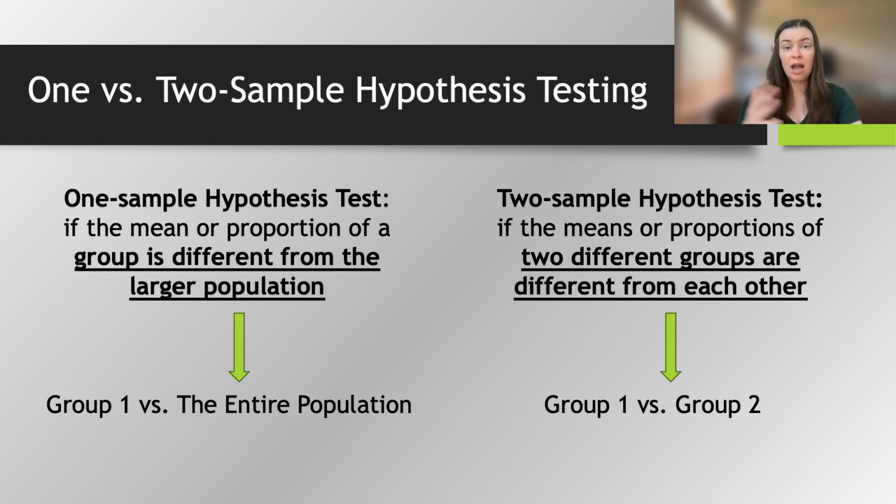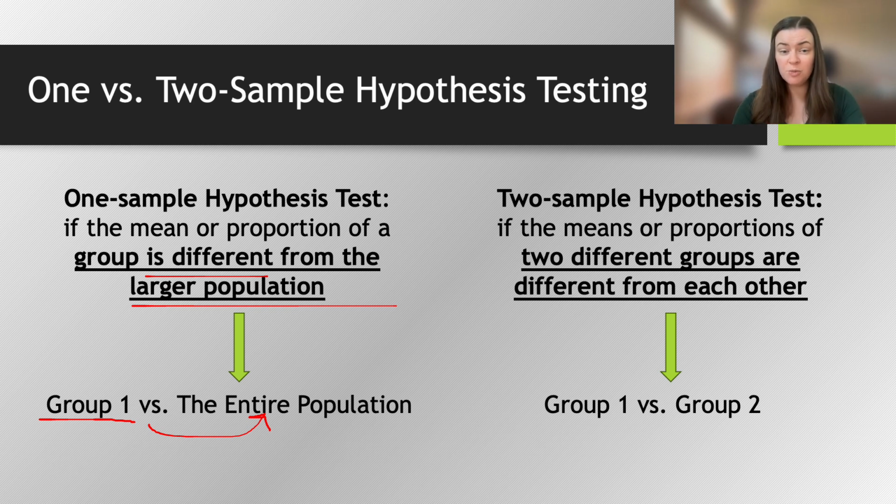As I had alluded to at the beginning of this video, there are different ways that we can go about conducting hypothesis tests. The first is a one-sample hypothesis test. That's where a mean or a proportion of a group is different from the larger population. So another way we can think about that here is it's group one versus the entire population. Two-sample hypothesis testing is a little bit different than one sample, and that's why I've separated these into two different lectures.